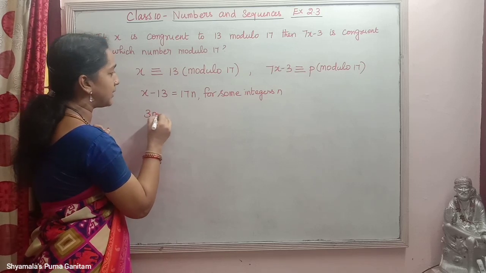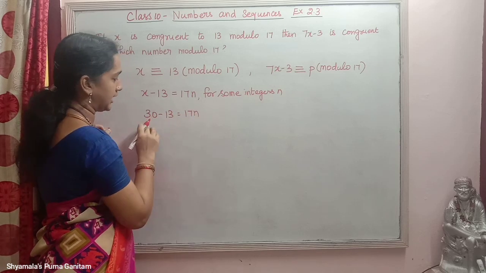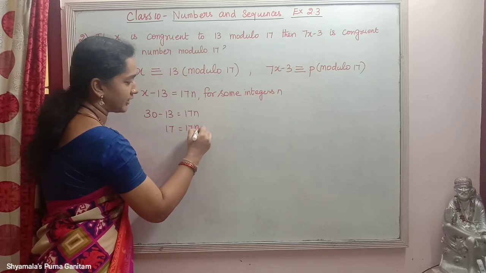So 30 minus 13 is equal to 17n. That means 30 minus 13 is 17, and 17 is equal to 17n.